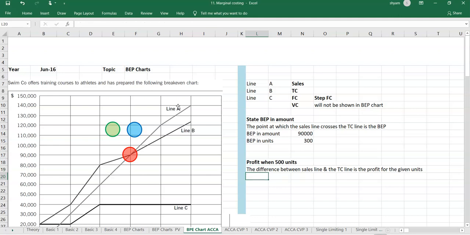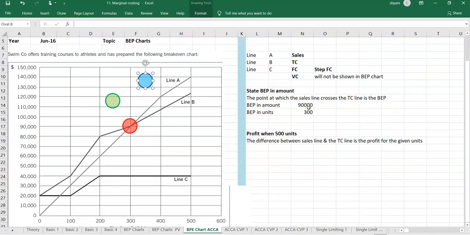So the difference between this line and this line, okay, so mostly it is this area. If you see this area, this area is the profitability, so we don't need to hide it. We'll see the line. So at 500 units, you can put it like this: sales at 500 units and total cost at 500 units.